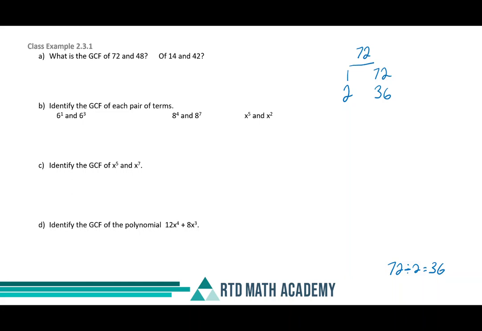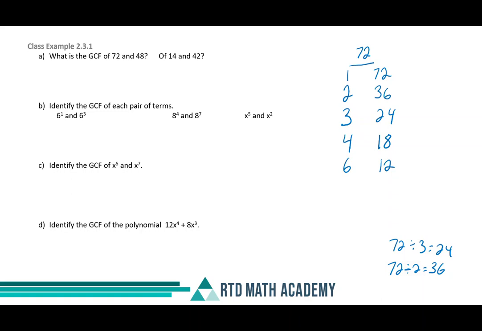I'm going to try 3. 72 divided by 3 equals 24, so I've got some more factors. I'm going to try 72 divided by 4. I get 4 multiplied by 18. 5 isn't going to work because it doesn't end in a 0 or a 5, so I'm going to move on to 6. 72 divided by 6 is 12.